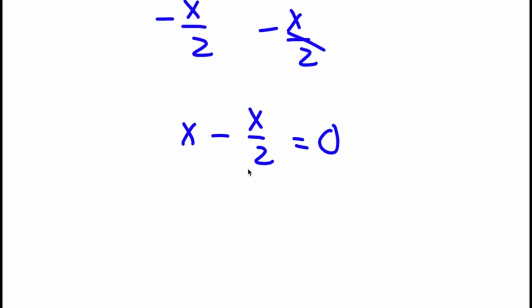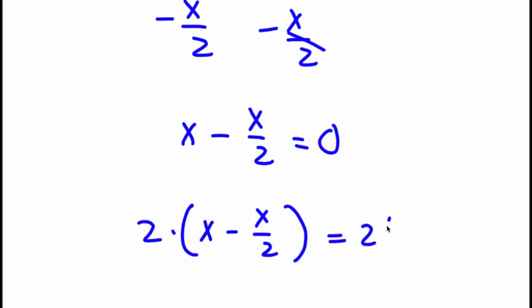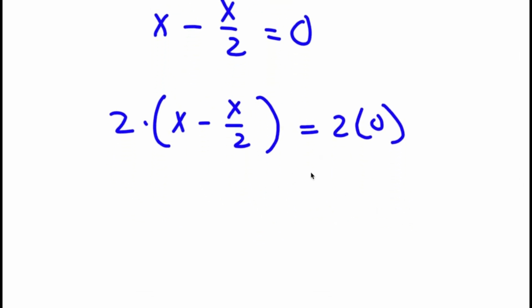Now I'm going to multiply both sides by 2. So now I have 2 times x minus x over 2 is equal to 2 times 0. So for 2 times x minus x over 2, I'm simply going to distribute the 2 to all terms in my parentheses here.